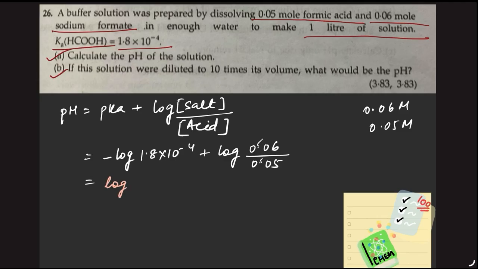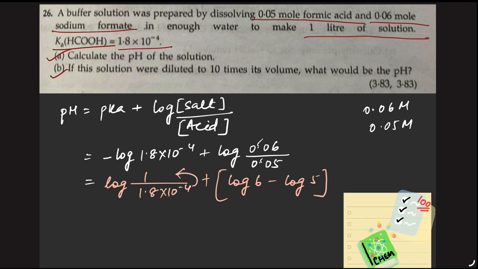log 1 by 1.8 into 10 to the power minus 4, plus log 6 by 5, which can be written as log 6 minus log 5, right? Now this 10 to the power minus 4 goes to the numerator, and this becomes log 10 to the power 4 by 1.8, plus in brackets log 6 minus log 5.